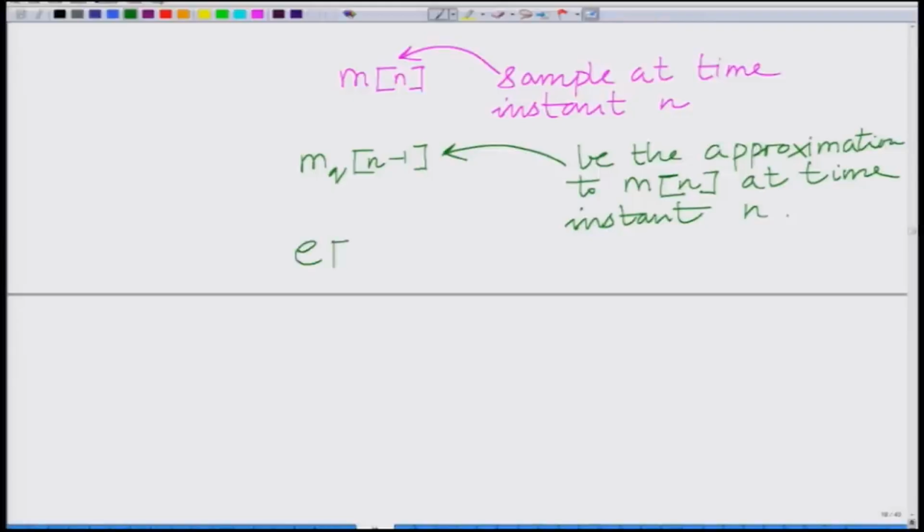And therefore, what we have is the error E[n] will be equal to M[n] minus MQ[n-1], this is the error, sample minus the approximation.